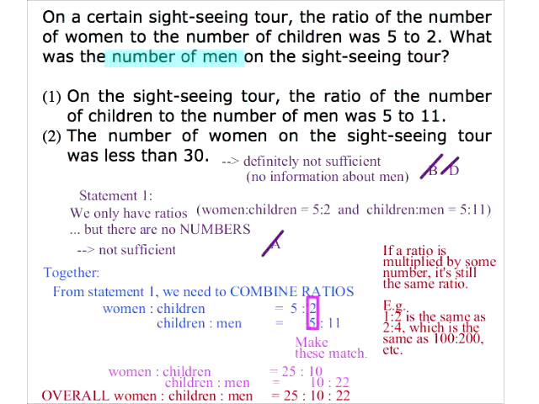So this is how you combine ratios. The quick summary is you combine ratios by making common terms match. So now we know that the ratio of women to children to men is 25 to 10 to 22.